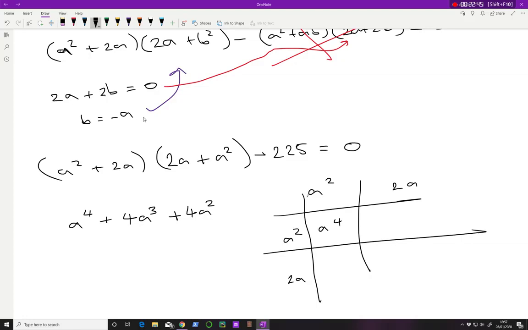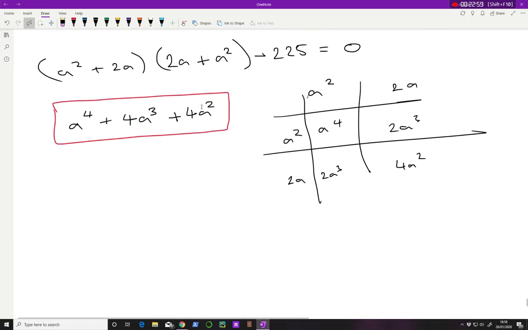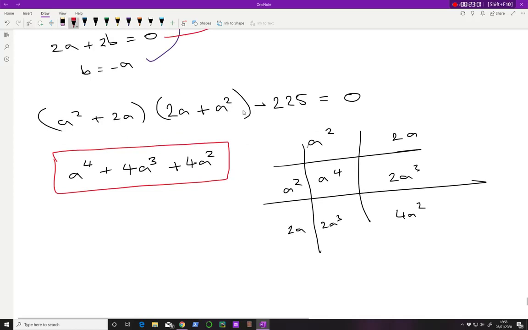So a to the 4, 2a cubed, 2a cubed, and 4a squared. Add them all together, so this is correct. Now I'm not going to go through how to factorize quartics. I'm just going to go straight onto the Desmos graphing calculator and type this whole expression in.